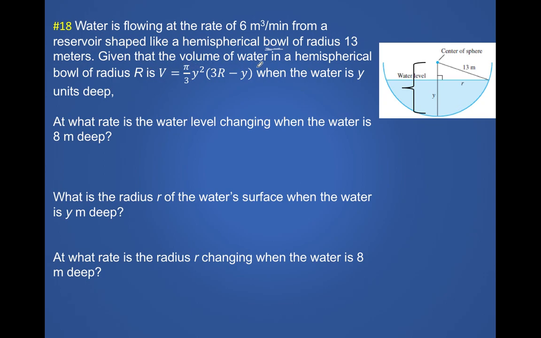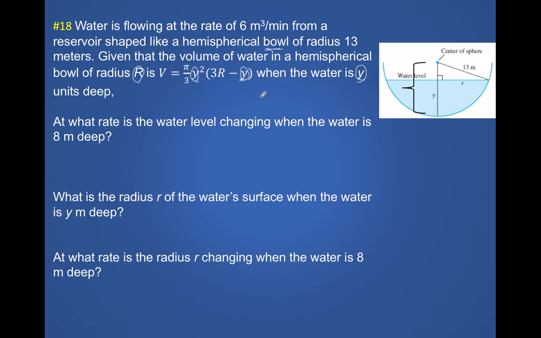So given that the volume of the water of radius capital R is this thing, right? They're using y for height. Right, there's your y, and y is also over here.